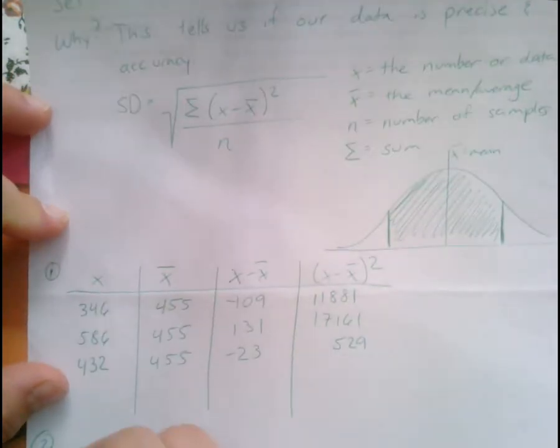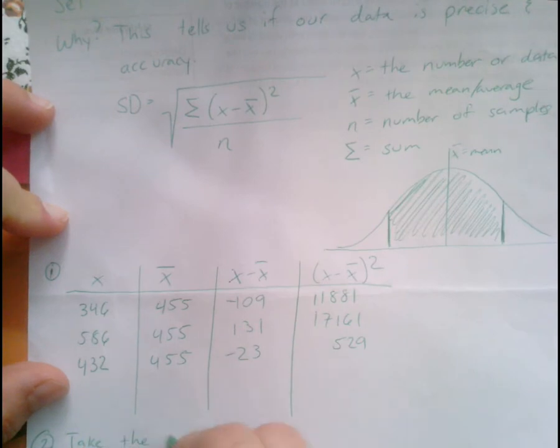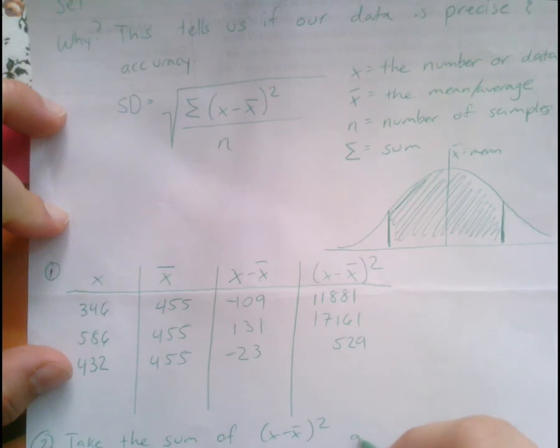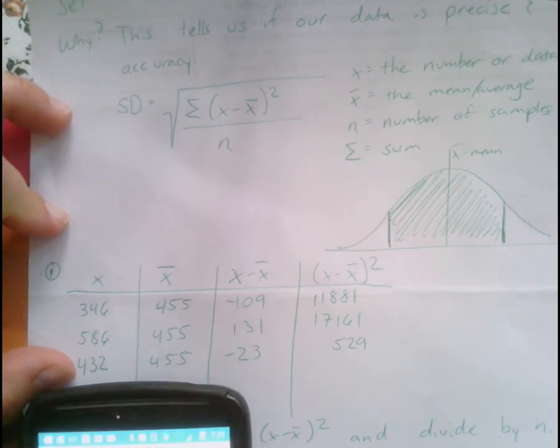Okay, so take the sum. We're going to sum x minus x bar squared and divide by n. Okay, so now I've got 529.